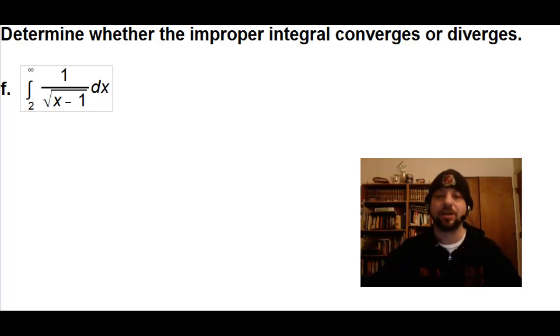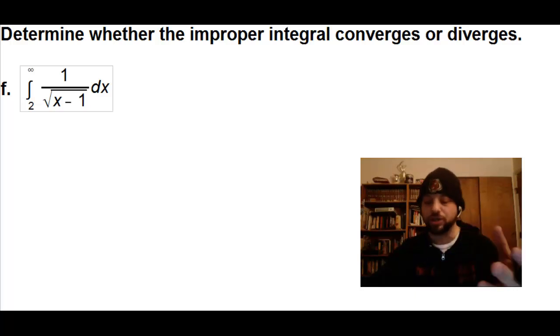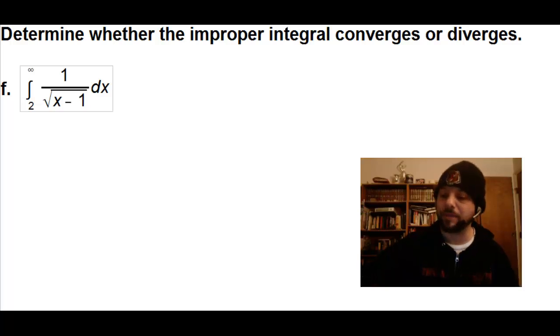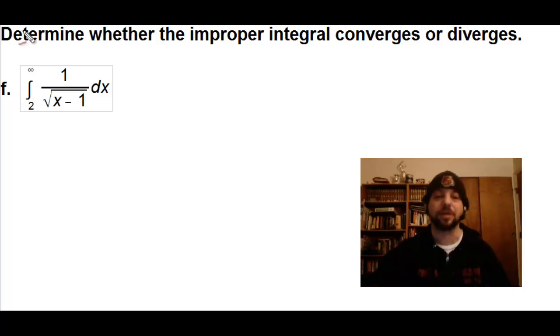On example A, you'll notice that P is 3. 3 is greater than 1, and certainly example A did converge. Example B, you'll notice that the P was 1/4, which if you take a look at our table over here, certainly 1/4 should cause it to diverge, and in fact it did diverge. So A and B are good examples of P-series, but let's go ahead and take a look at this now that we know the little shortcut going on.